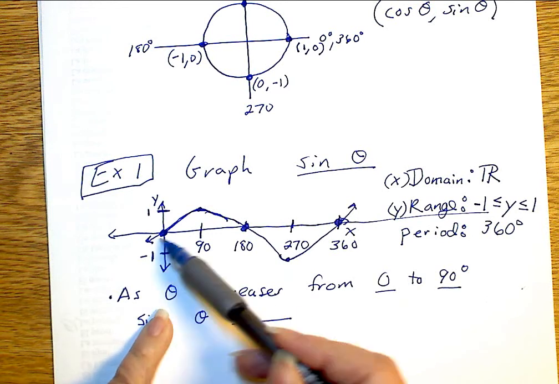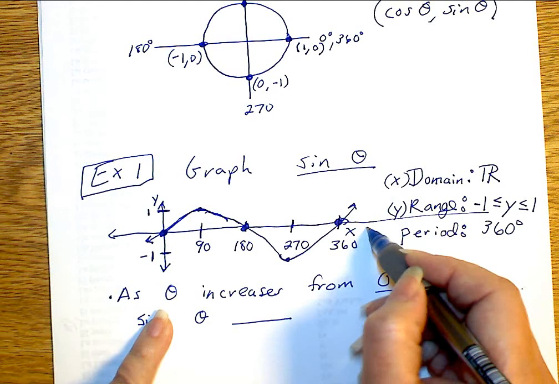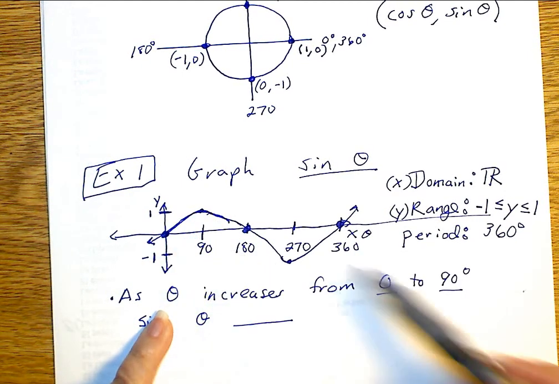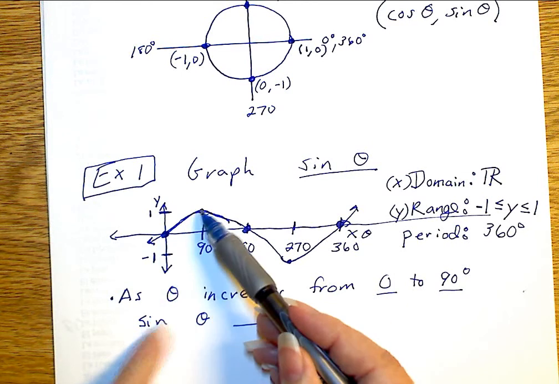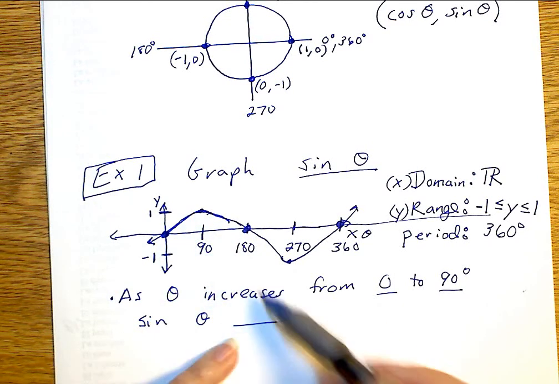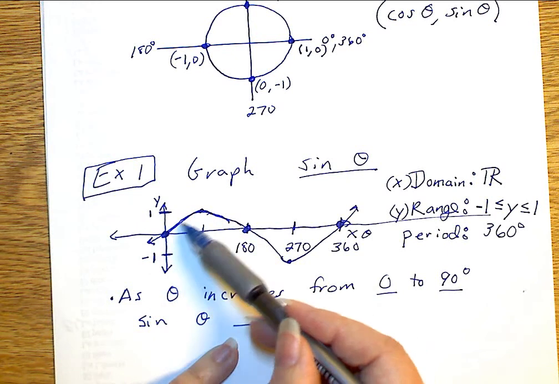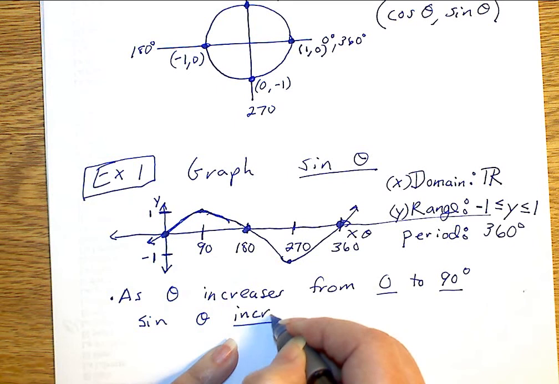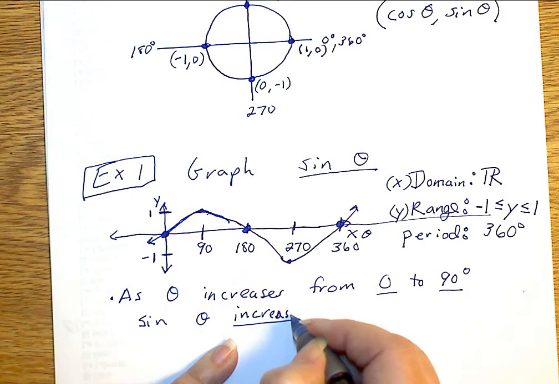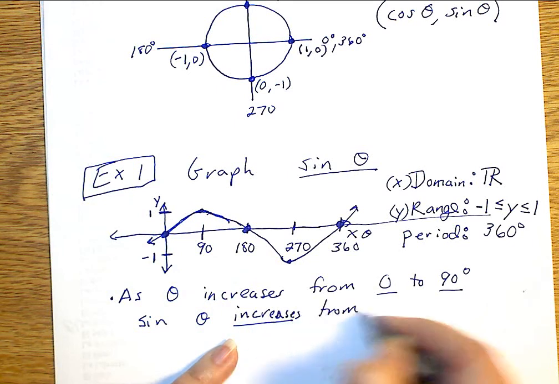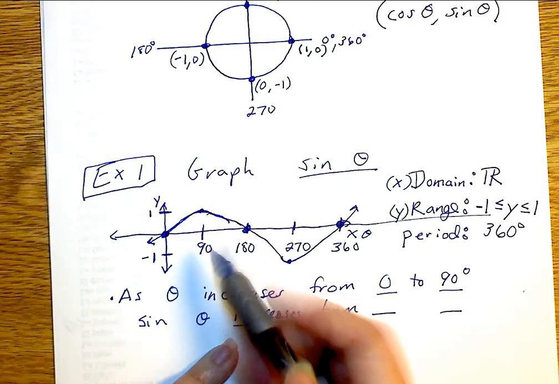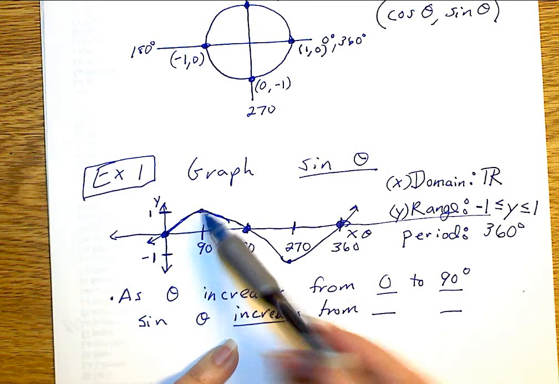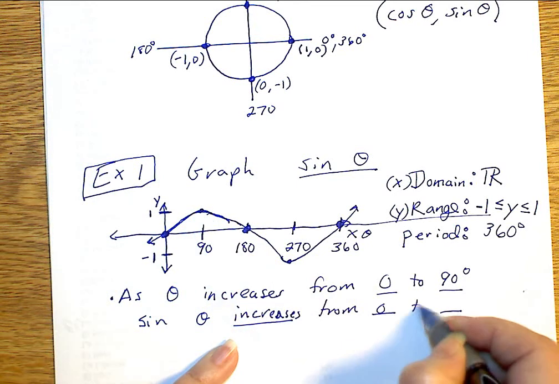So remember, as theta increases, because this is really where your theta is. So as theta increases from 0 to 90, sine of theta, is it increasing or decreasing? Sine. Increasing. So it increases from what to what? So what did it start at? 0 to 1. Yep, 0 to 1.